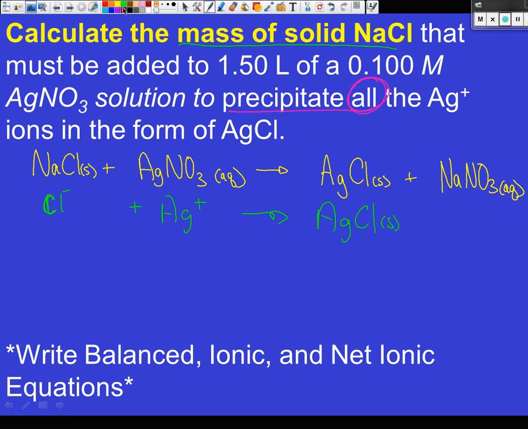My question to you is, they give us information about the silver nitrate solution, which is right here, and they tell us that it is 1.5 liters and 0.111 molar. They're asking us how many grams of that. Are these problems easier than other stoichiometric problems?